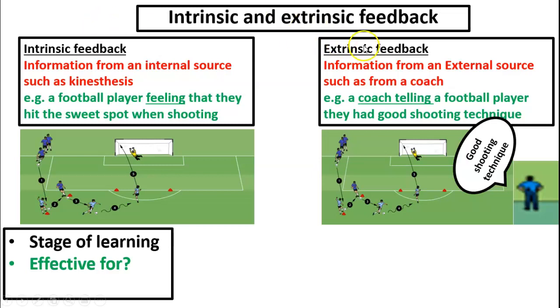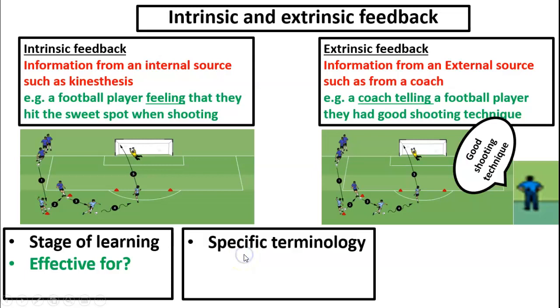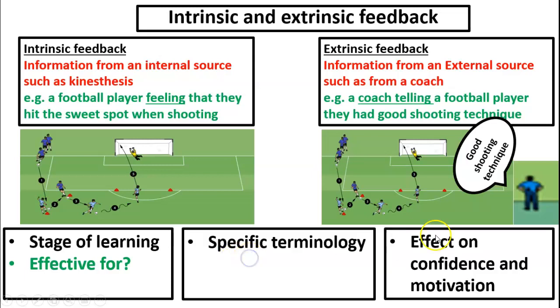So you should already be able to work out which stage of learning these two feedback types are effective for, because we know the characteristics of different stages of learning directly linked to what feedback they use. You might be able to pause the screencast and just go through in your head now what you think they are. Once you've done that, we'll give some specific terminology, and then we'll have a look at whether it has a positive or negative effect on confidence and motivation. So that's our process now.